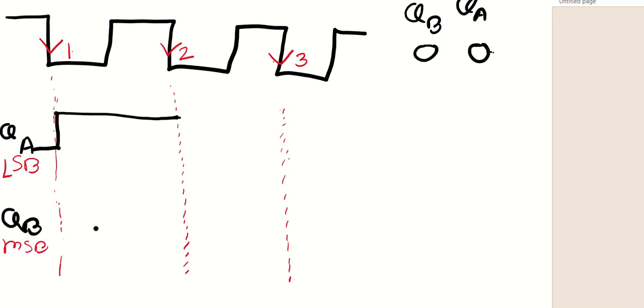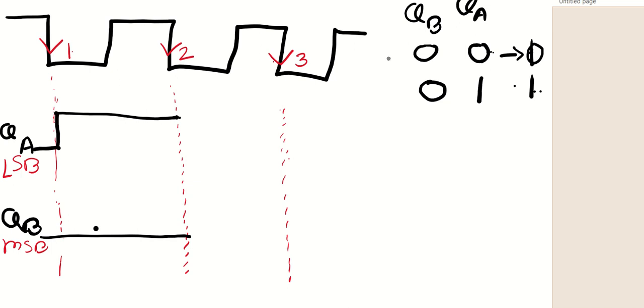At the second clock pulse, for the first clock pulse, your QA will be initially 0, and as soon as your clock pulse is first, at that time your QA will change from 0 to 1 at the first negative edge of the clock pulse, while your QB will remain 0 only.